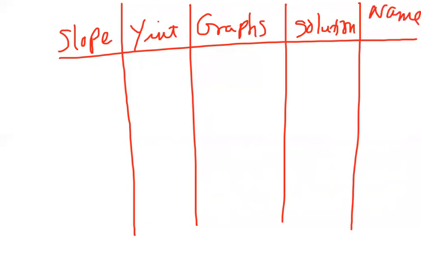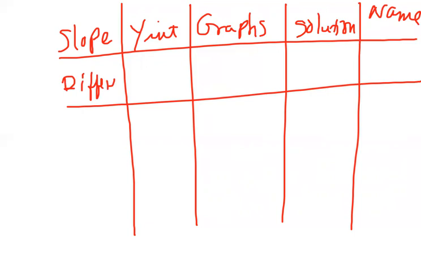First, we're going to start with the one that has different slopes. If the slopes are different, automatically, you can bypass the y-intercept. You don't even have to worry about it. Remember, this is a system of equations, so you've got at least two equations.